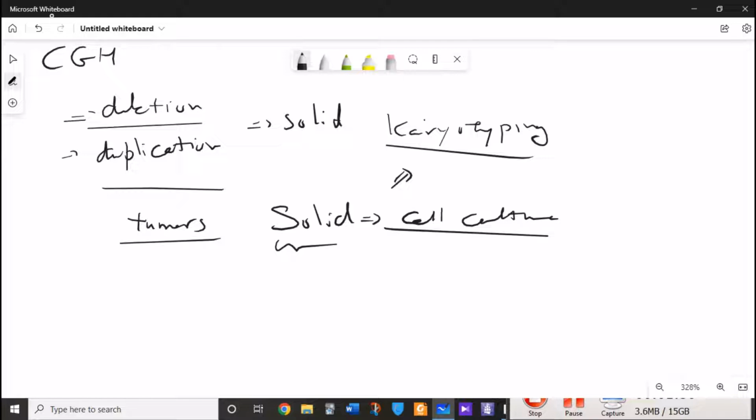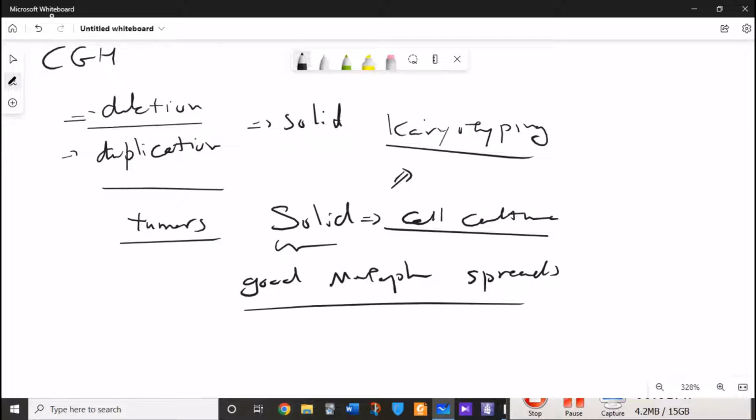They have a low mitotic rate, so we cannot create good metaphase spreads of them. Sometimes their culture could be contaminated with microbial agents too.